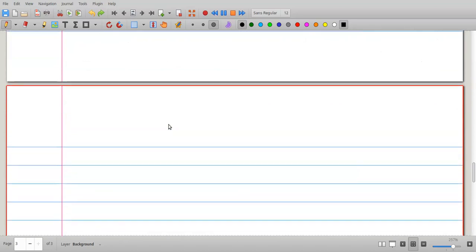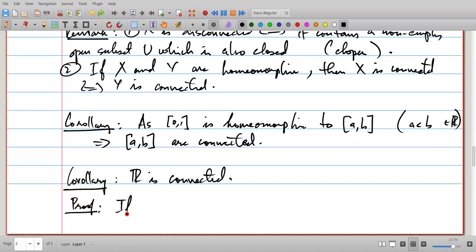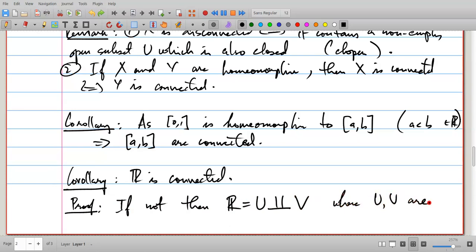Let us use the fact that we have proved that these finite intervals are connected to show that R is connected. This is also easily seen. Proof. If not, then R is equal to U disjoint union V, where U and V are non-empty open.